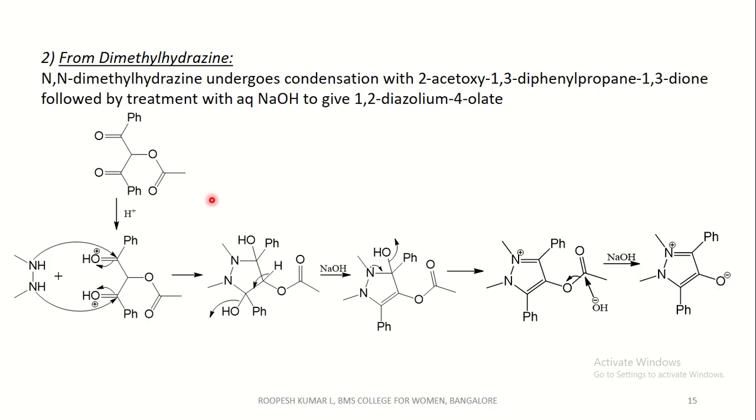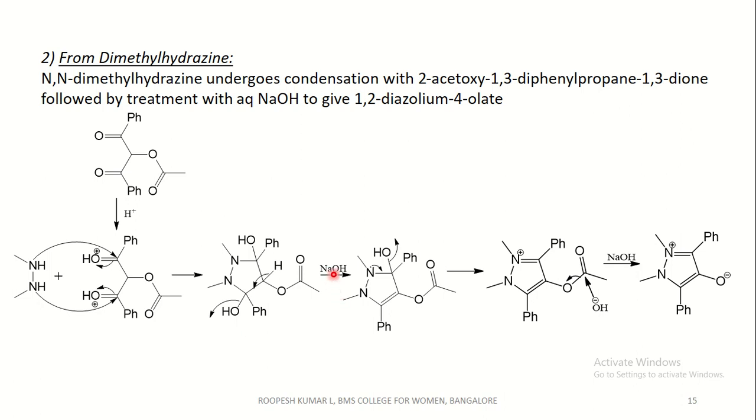This is 2-acetoxy 1,3-diphenyl propane 1,3-dione, which gets acidified to get this one. This on condensation with N,N-dimethyl hydrazine gives a cyclic 5-membered product.